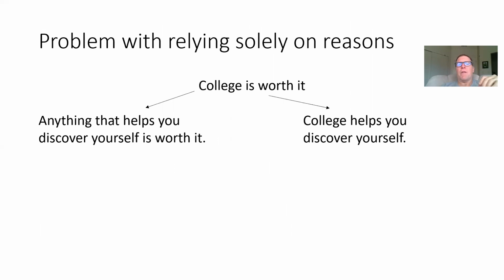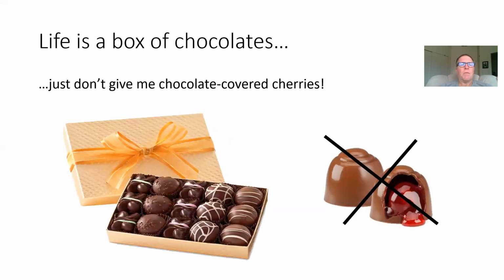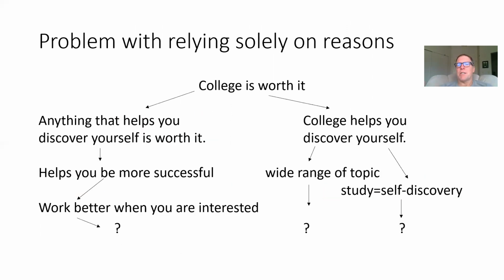So if I have the claim, the generalization college is worth it, that's supported by these other two claims. And then those claims can be supported by other generalizations, and those can be supported by other generalizations. In other words, if I just keep giving reason after reason after reason, I could really go on theoretically forever.